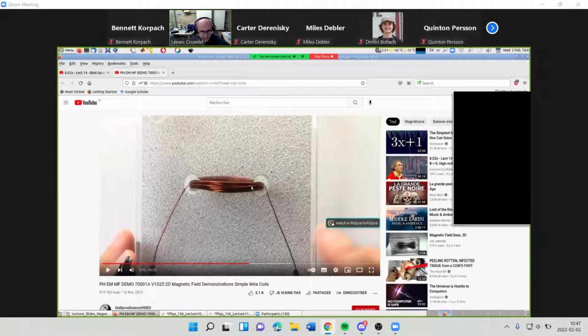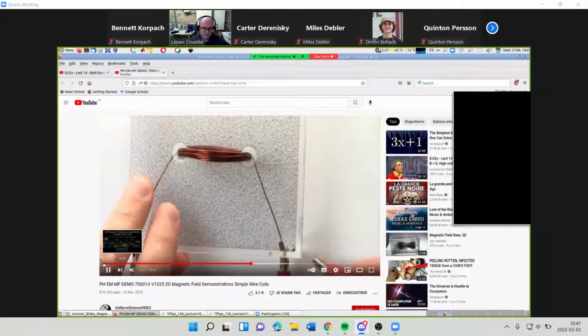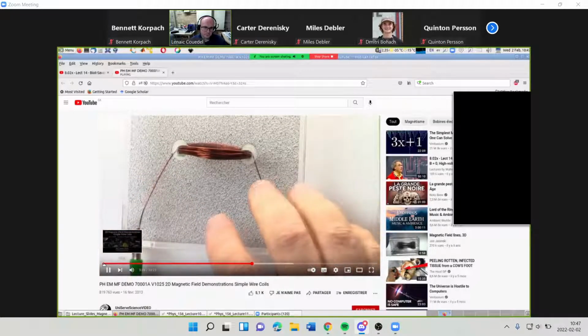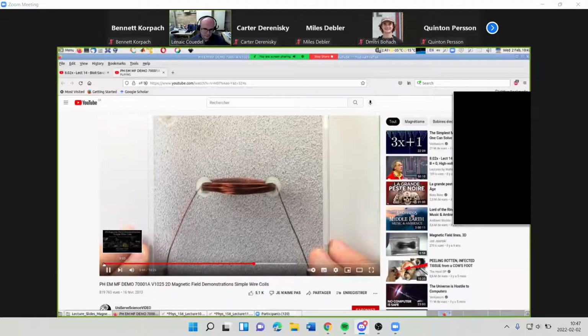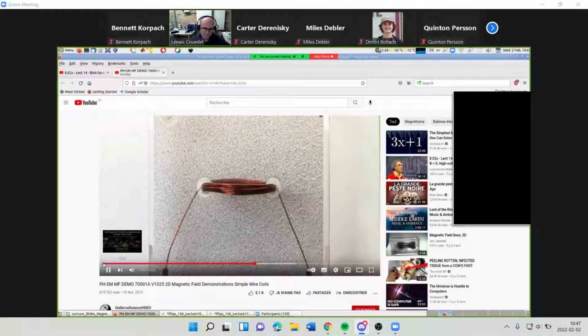So here you have many turns of wire. There's about 15 turns on this. I'll connect up the terminals. Okay. I'll probably zoom in a little closer on this one.